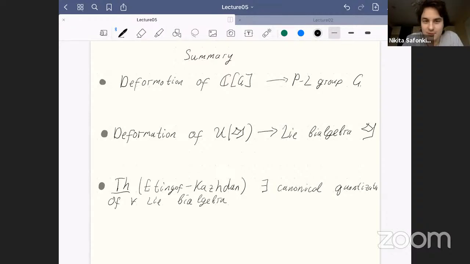Yes? I'm not sure. It is canonical, so maybe there is some group of choices in such quantizations, but sometimes it's canonical. The word canonical, for example, means that if we have homomorphisms of Lie bialgebras, then we have homomorphisms of the quantizations, so this is an equivalence of categories. Other questions?